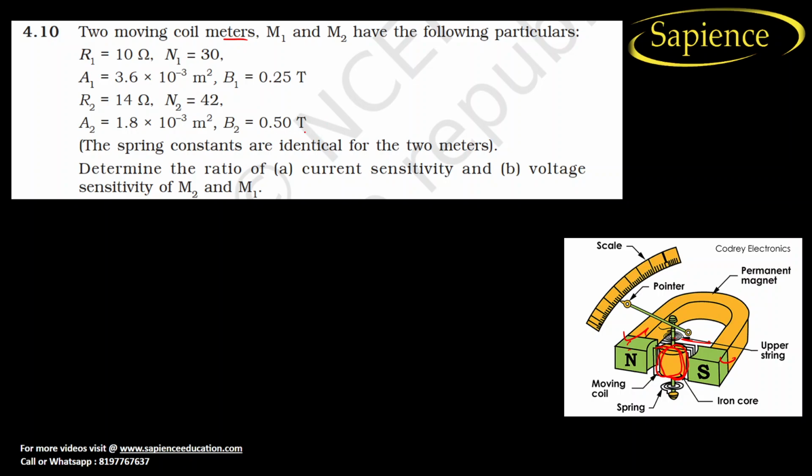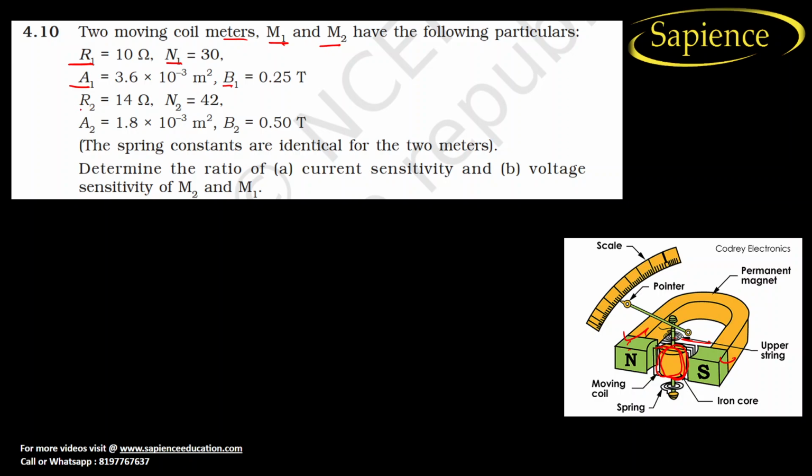What they have given you: the two moving coils M1 and M2 have the following particulars. R1, that is resistance, is 10 ohm, number of turns 30, area A1 is equal to 3.6, magnetic field strength is 0.25.